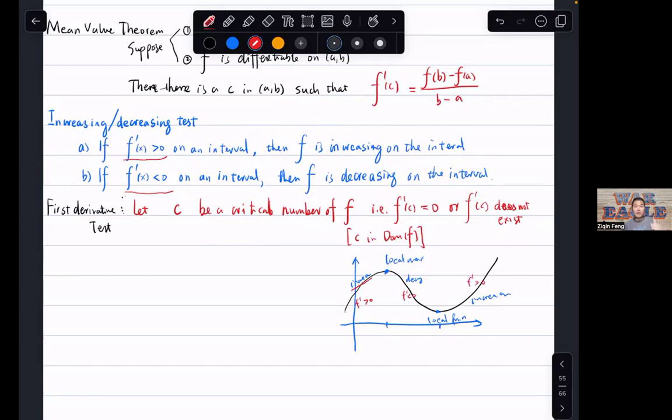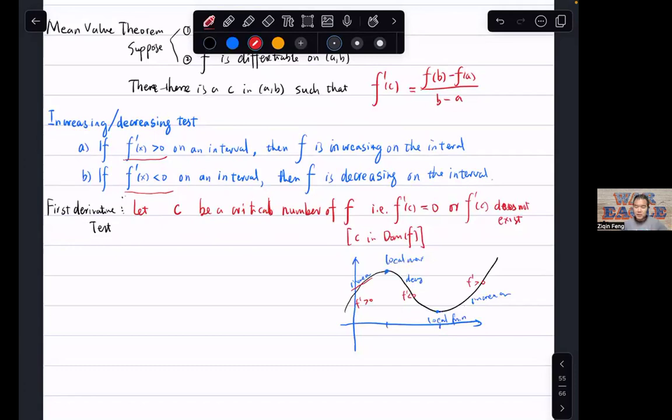So this is our first derivative test, which means you can decide whether f of c is a local maximum value or local minimum value by looking at whether the function is increasing on the left side and decreasing on the right side, or the other way. Sometimes it is increasing on both sides, and then you don't have a local maximum or local minimum.